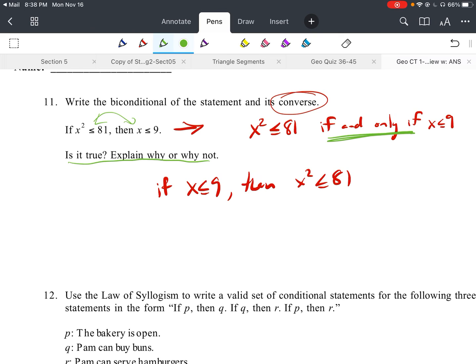So let's pick some x's that are less than or equal to 9. How about negative 100? Negative 100 squared is much bigger than 81, so this is false here. And once you have it false in one direction, it doesn't matter. Your biconditional has to be false as well, because a biconditional means we test this way and this way.